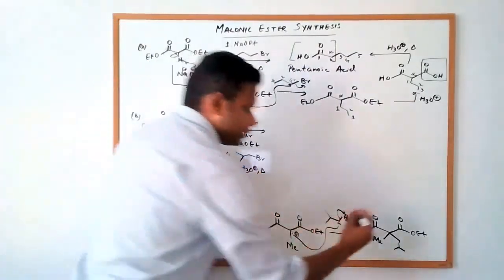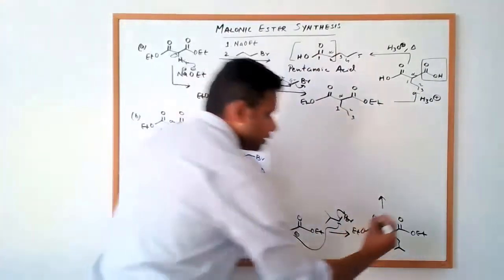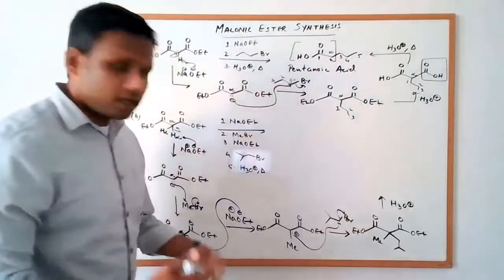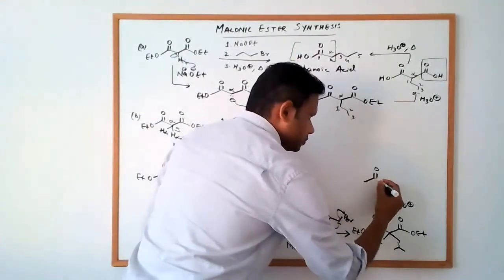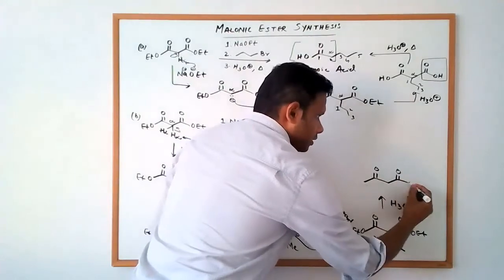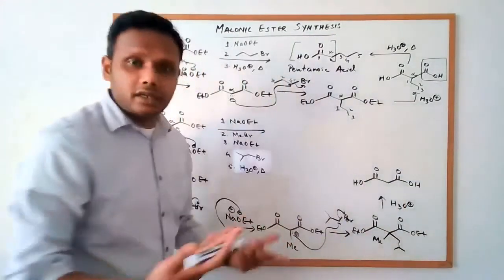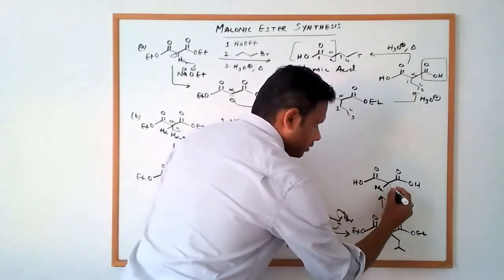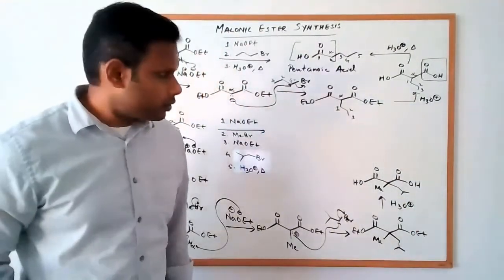This is followed by the acidic hydrolysis and the decarboxylation. So when we do the H3O plus under acidic conditions, this is going to hydrolyze to the beta-keto acid product or the dicarboxylic acid here. So we're going to have methyl and we are going to have the isobutyl group over there.